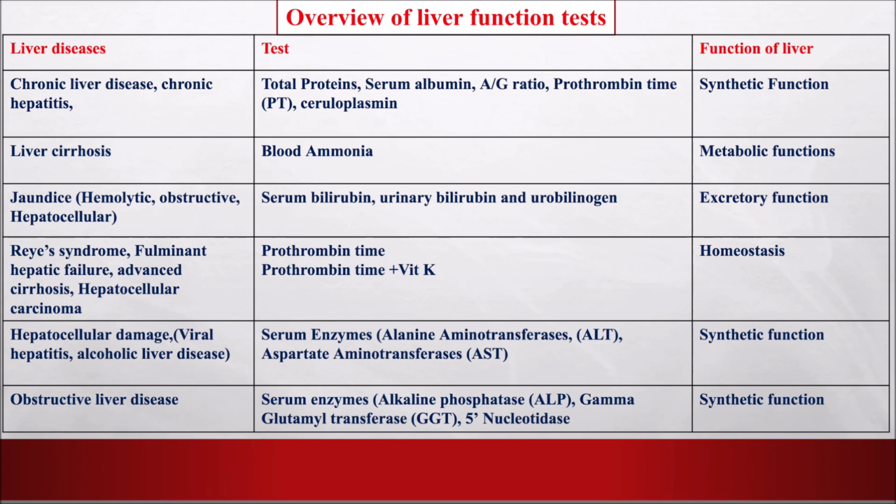So, by assessing the various biochemical parameters, including the plasma proteins, albumin levels, A by G ratio, then ammonia levels, then the serum enzymes, and the prothrombin time, it is possible to diagnose the different types of liver diseases like alcoholic liver disease, obstructive liver disease, cirrhosis of the liver, and chronic liver disease, and also jaundice.